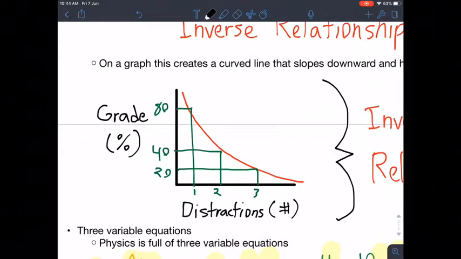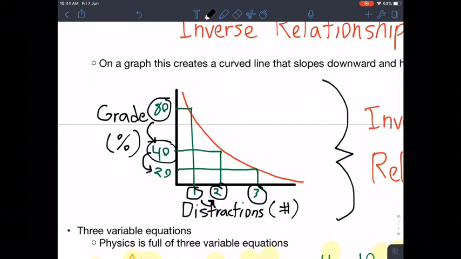And you can see that mathematically here. So if you've got one distraction in class, your grade's going to be like an 80%. If you double that to 2 distractions in class, what happens is your grade goes down by 1/2. So you doubled your distractions and you had half the grade. If you then increase your distractions to 3, so 3 times the distractions, then your grade is going to get cut in half again.